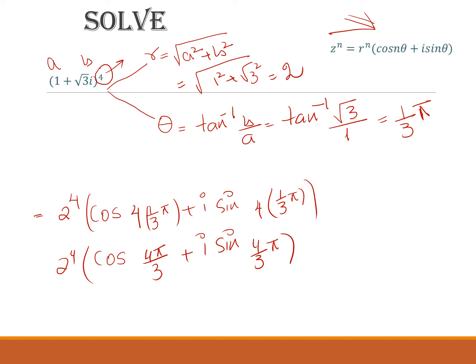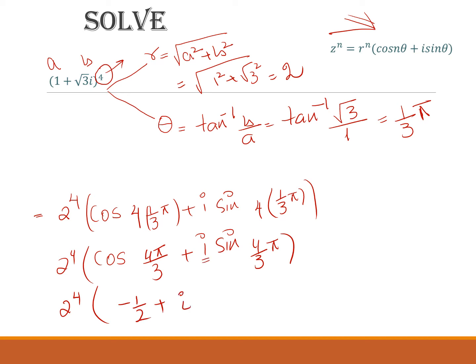So cos of 4π/3 will give you negative 1/2. So we have 2 to the power 4 times negative 1/2, plus this i is here.